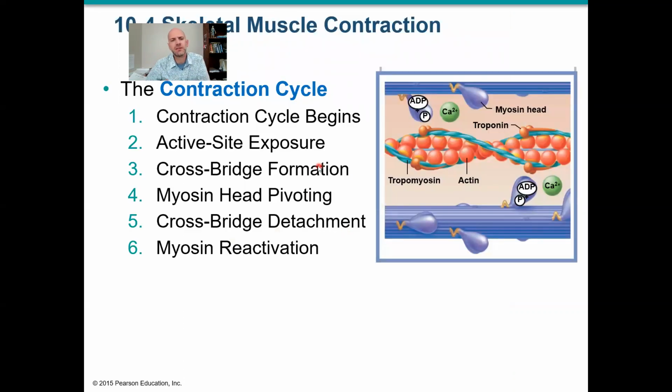So we ended up on this figure here. This is the second part. The contraction cycle. We have to talk about the beginning, some of these steps: active site exposure, cross-bridge formation, the myosin head pivoting, all these steps. But there are 2 major principles that you need to understand about cross-bridge cycling.